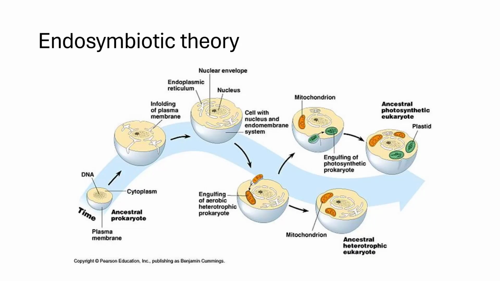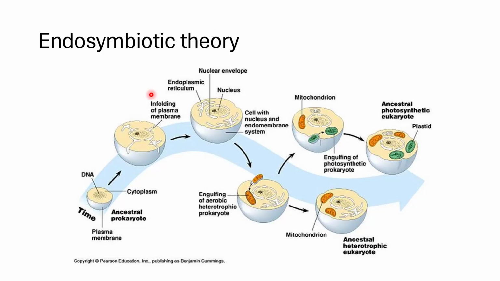Likewise, some ancestral cells may also have engulfed small prokaryotic organisms, such as this one, that were able to undergo photosynthesis. These stayed within the larger prokaryotic organism and later became the chloroplasts. So over time, these engulfed small prokaryotic cells became permanent organelles.